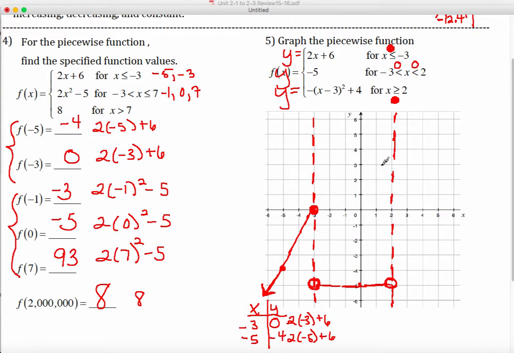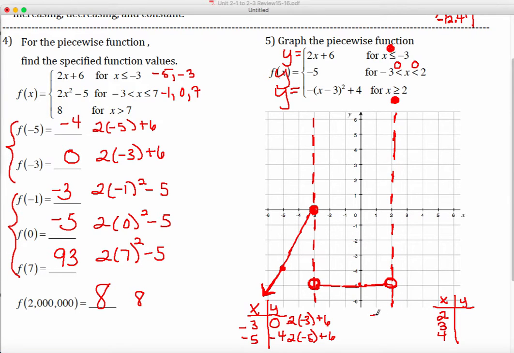So open circle. And then finally you have your parabola, your upside down parabola, and I'll do a little XY table for that. And I'm going to use the point 2, and it's a closed circle there, and then maybe 3, and then maybe 4. And that probably is enough.